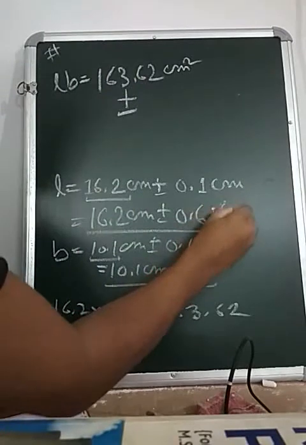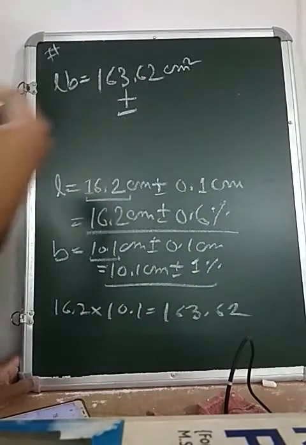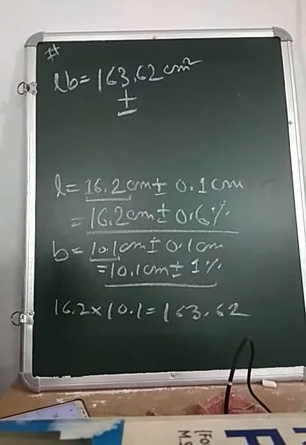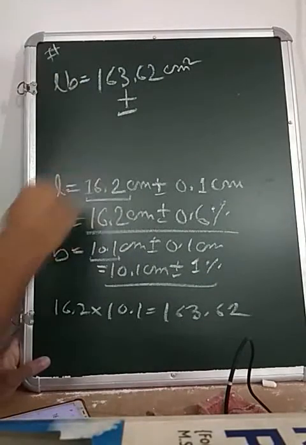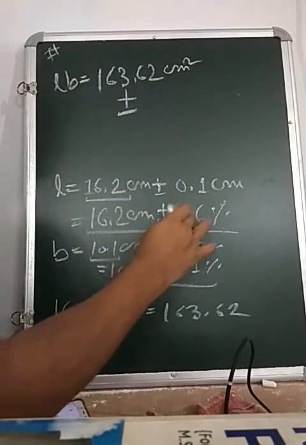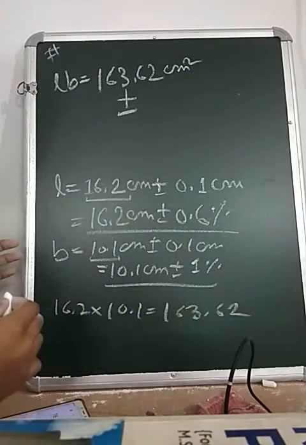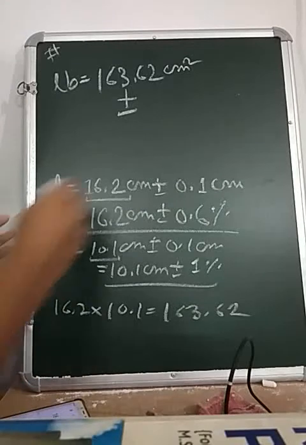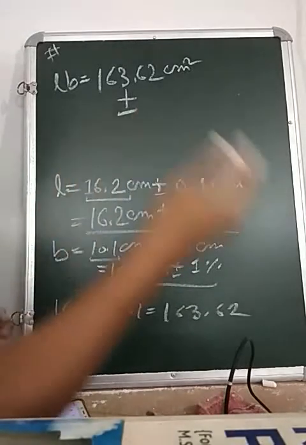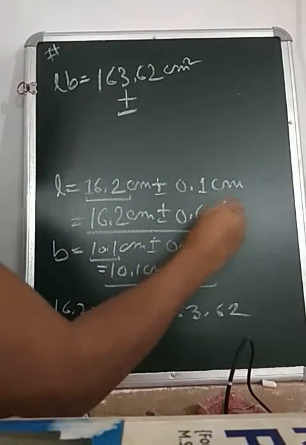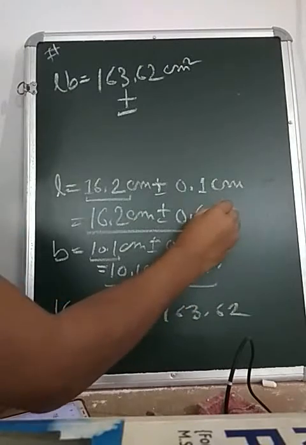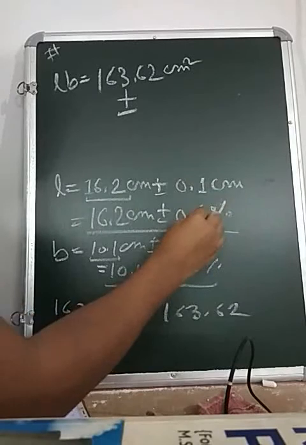Now we go for the percentage error term. So what was the rule for percentage error or relative error? The same rules, actually. During multiplication, the final error will be the sum of the individual errors. What is the percentage error in each individual quantity? 0.6% and 1%.